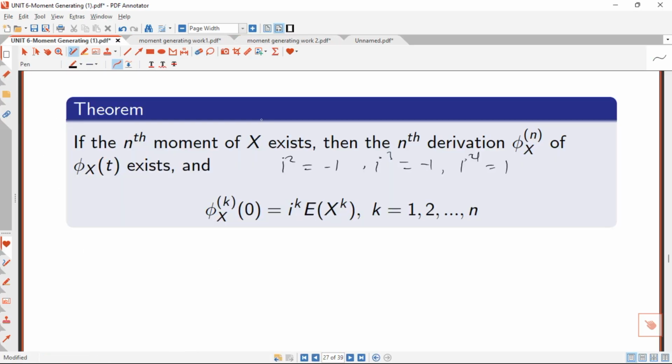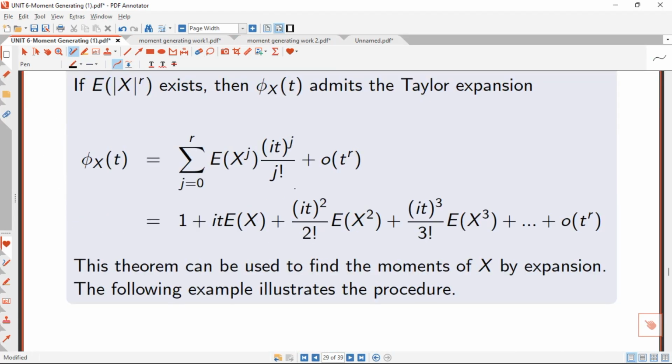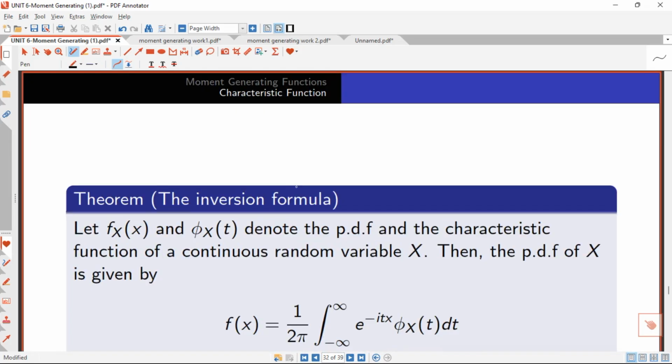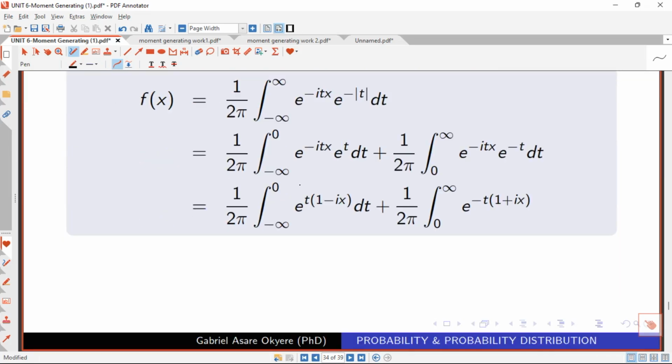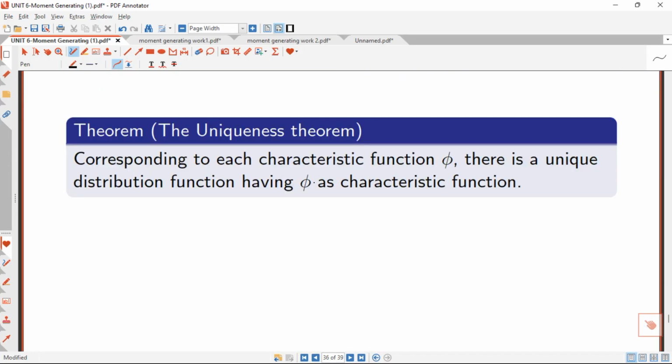Okay, so we have what is termed the uniqueness theorem, right? We also discussed the uniqueness theorem when we were treating the moment generating function. So here we are saying that corresponding to each characteristic function phi, there is a unique distribution function having phi as its characteristic function.